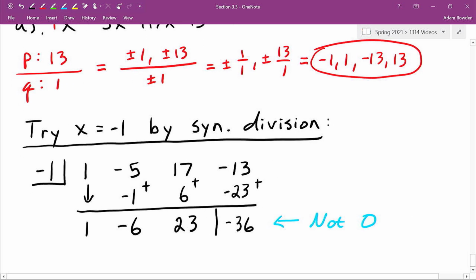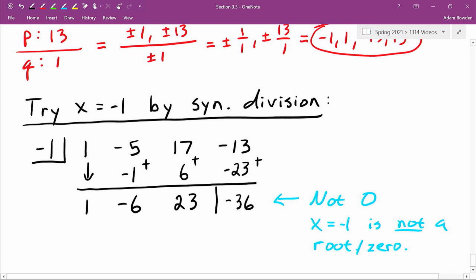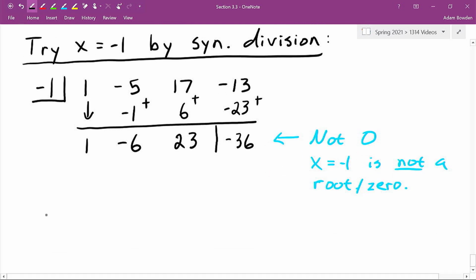So that tells me that x equals negative 1 is not a root of our equation. So this is not a solution here. We'll try another number. So we can cross out the negative 1. It didn't work. But let's try the positive 1.